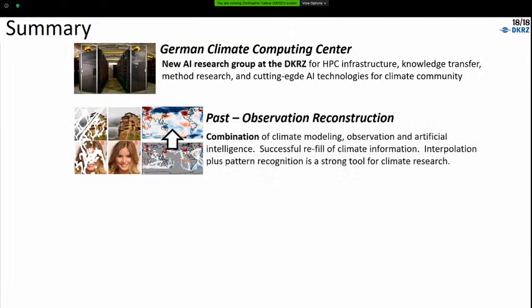So the summary basically is that we have the past, and the past is to a large extent uncharted. We have observational reconstructions from different groups out there, and now we put in another competitor with machine learning, and it worked pretty well with the transfer learning idea to refill the climate information.